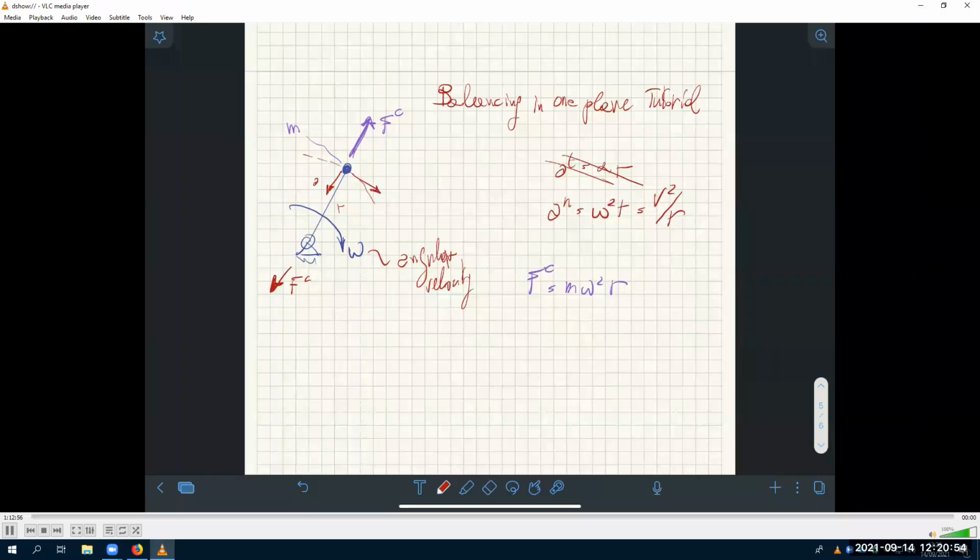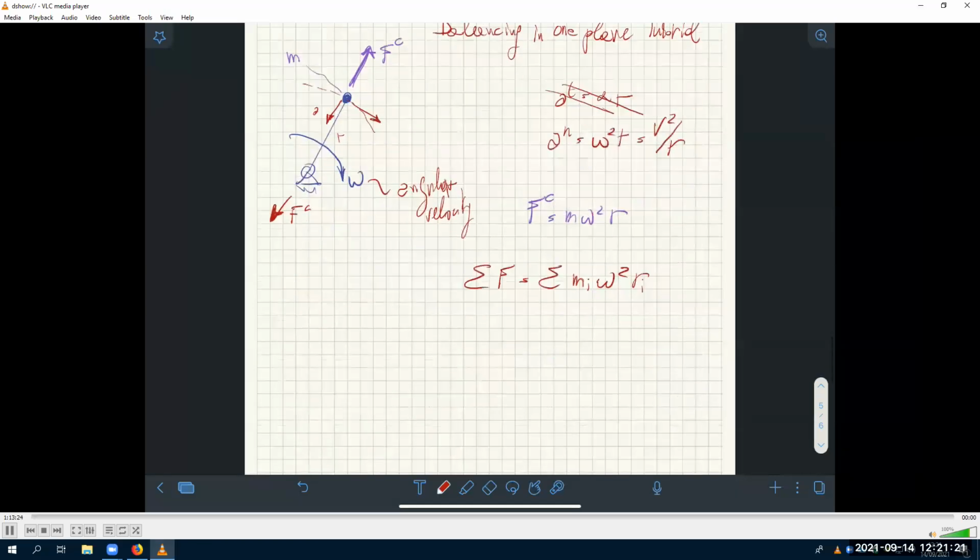So the sum of forces is equal to 0 because everything is going at constant speed. The sum of forces is equal to the sum of mi omega squared Ri. You might have multiple masses sitting at multiple radii, but all at the same constant speed, so omega is the same.